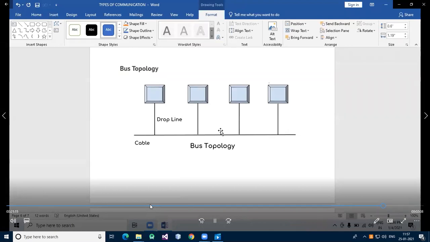Advantages of bus topology: easy installation. Each cable needs to be connected with the backbone cable. Less cable required than mesh and star. Disadvantages of bus topology: difficult fault detection, and not scalable as there is a limit on how many nodes you can connect with the backbone cable. This is the bus topology.